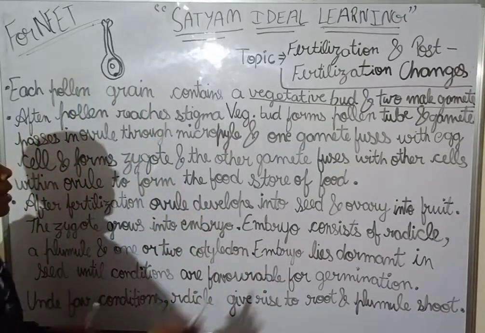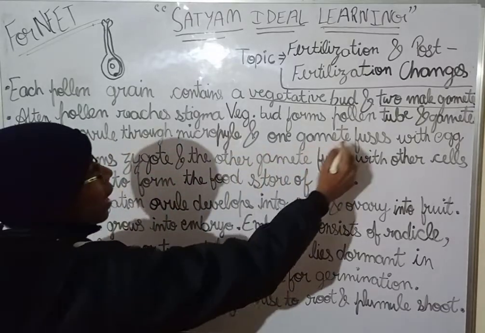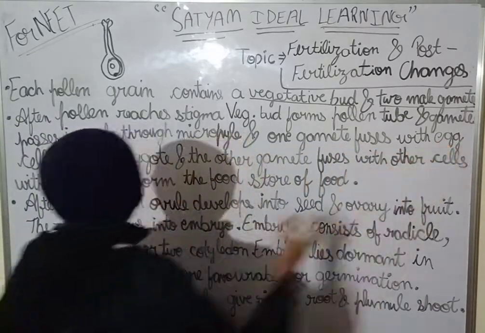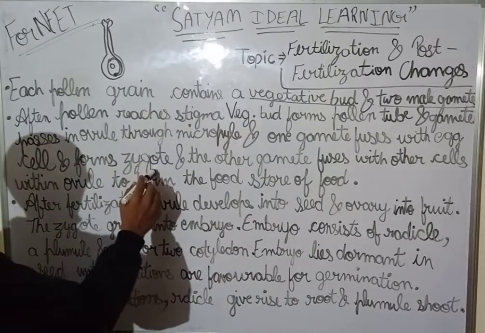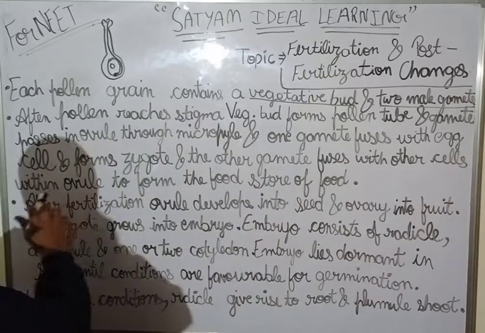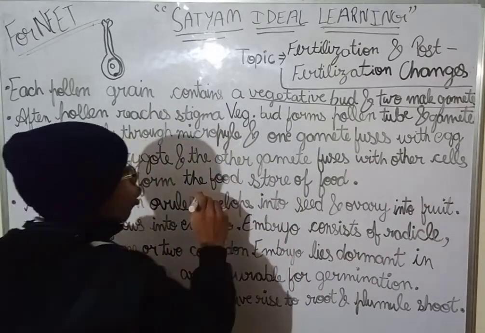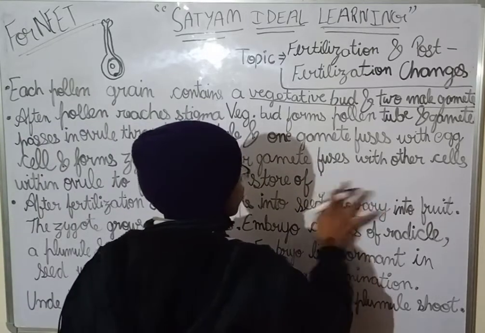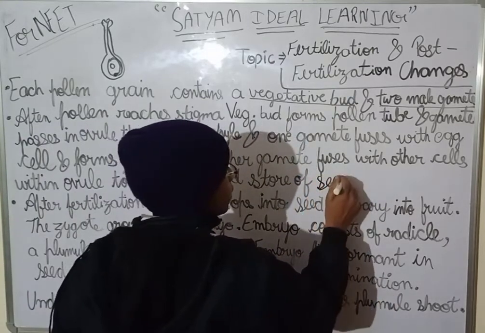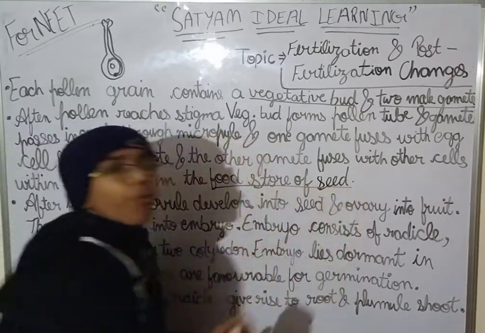Now see, one male gamete fuses with the egg cell and forms the zygote, and the other gamete fuses with the other cells within the ovule to form the food store of the seed.